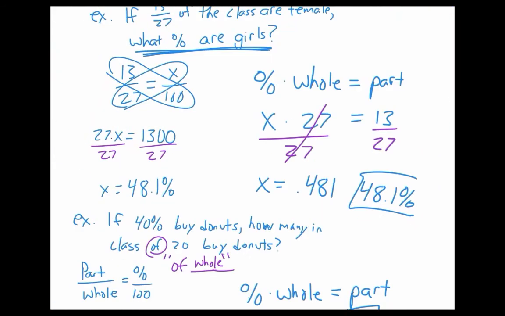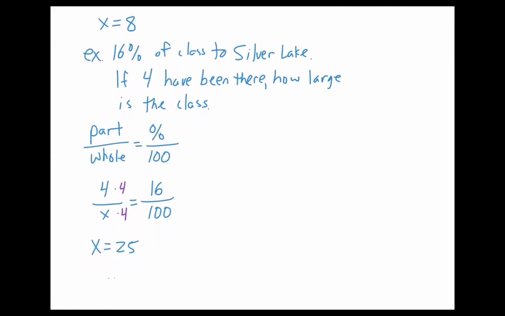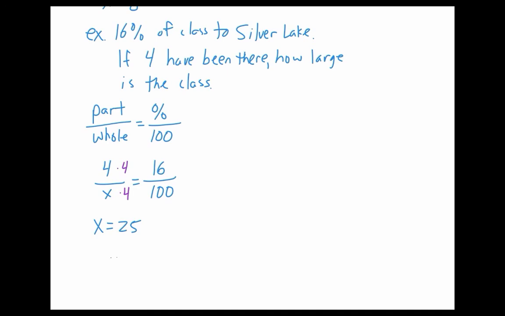All right, final thing. Final example. If 60% of the class has been to Silver Lake, and 4 people have been there, how large is the class? So we could do percent times the whole equals the part. 16%, we put that in as 0.16. So you have to change it to a decimal first.